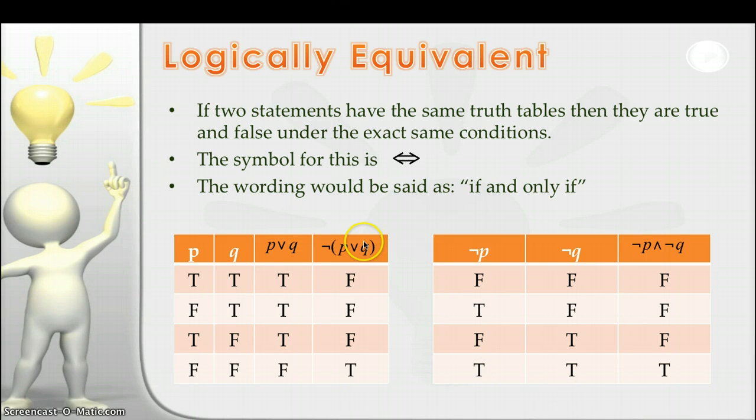Now let's take a look at the final entries of your tables. Both final entries of tables 1 and 2 have the same values. Whenever you have the same values at the last column, you can make a deduction that they are logically equivalent.